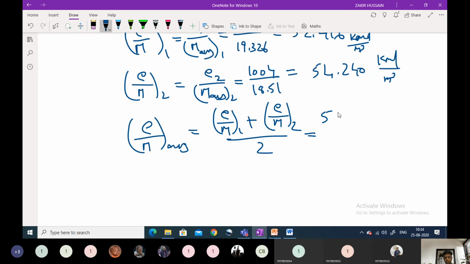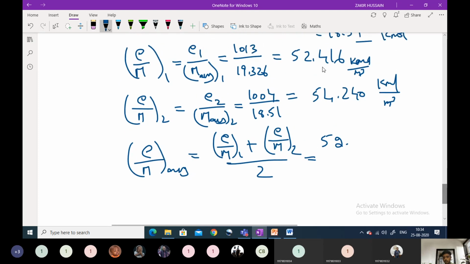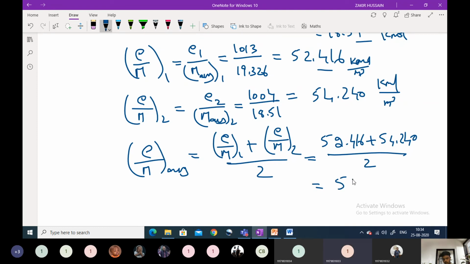So 52.416 plus 54.240, divided by 2, gives 53.328 kilomole per meter cube. Now we have obtained all the required data in hand.